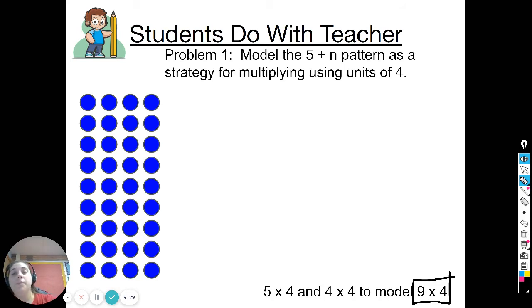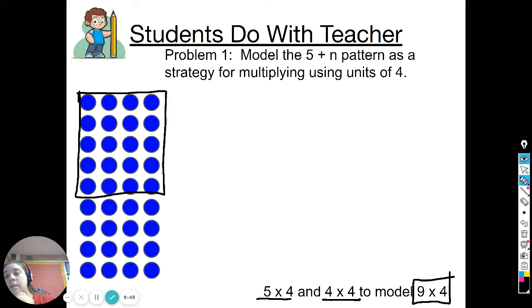Now what we're going to do is show 5 times 4 and 4 times 4. So let's put a box around the first 5 rows. 1, 2, 3, 4, 5. So go ahead and put a box around the first 5 rows of 4.